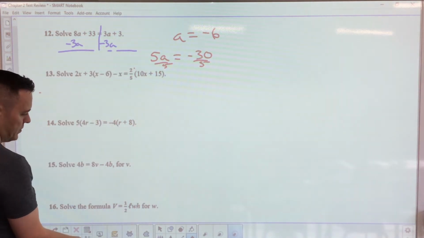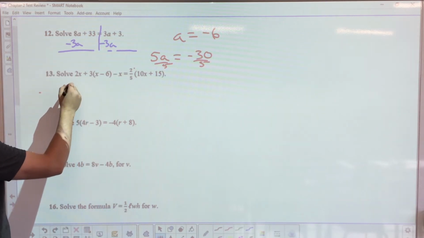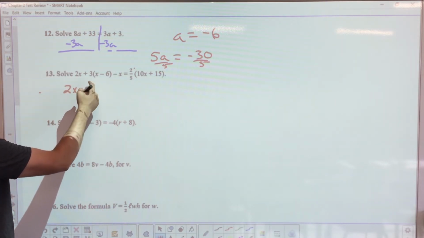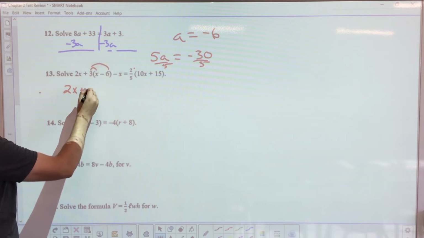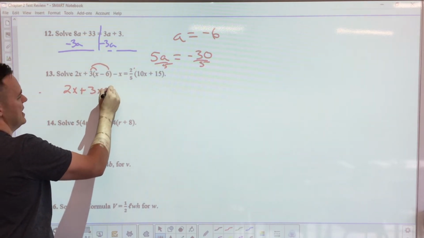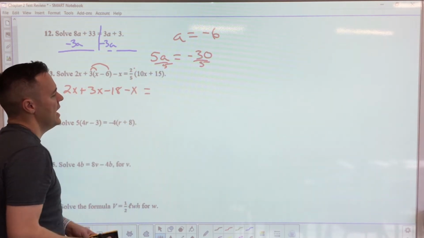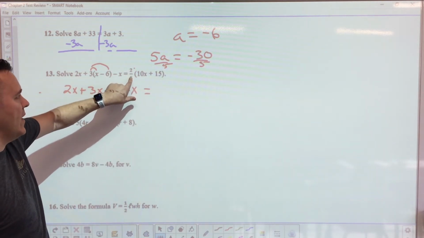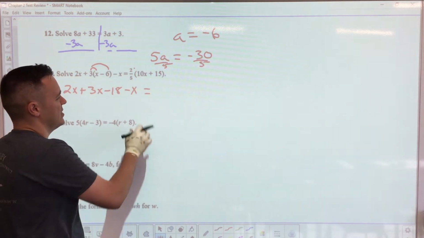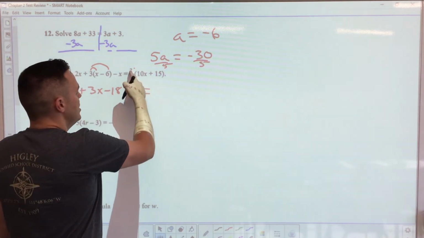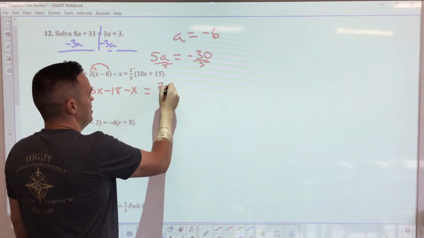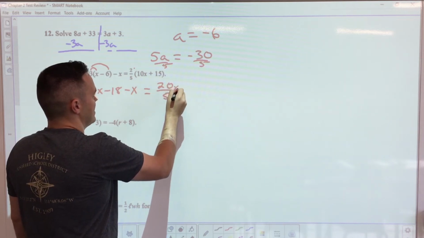Okay? All right, now let's combine this one. 2x plus distribute. 3x minus 18 minus x equals, oh boy. Now, you could put 2 over 5 and times it by 10 and put it in the calculator, or you can try to do it in your head. So 2 times 10 is going to be 20, and that's going to be over 5x.